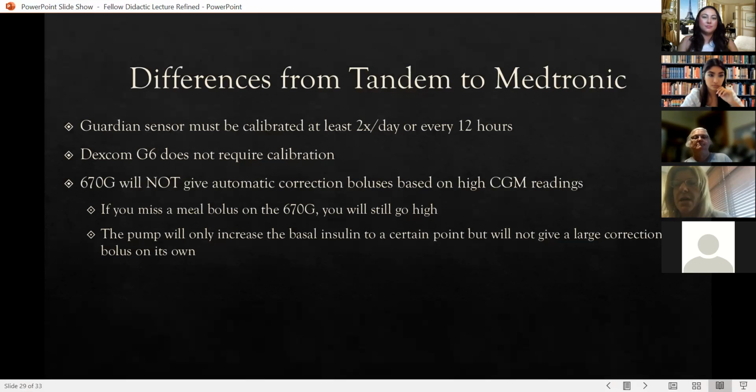The 670G doesn't give boluses if you're going high, but the micro boluses will rev up. And in Medtronic's automaticity, it tends to get kicked out.